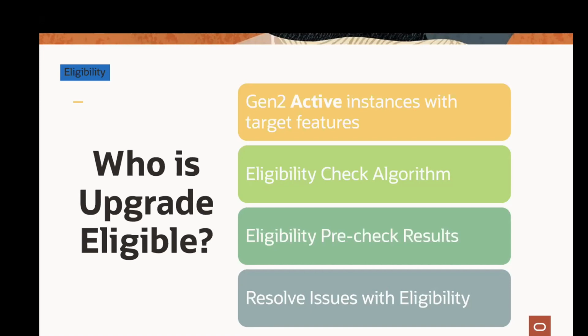These eligibility pre-check results are available to everyone. So if you want to know why you've been picked or didn't get picked for a given upgrade phase, we can provide you with that. And we can work towards getting you upgrade eligible if there is a need to upgrade you as soon as possible.